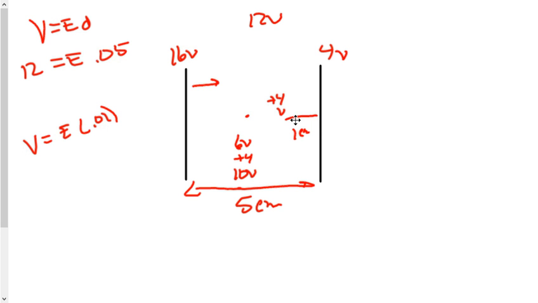So if I go halfway there, I know I've gained 6 volts of potential, but I didn't start at 0. So let's say moving 1 centimeter gives me 2 volts that I've gained here. But remember, I started at 4, so add that to that. So use this equation once I find the electric field to find whatever voltage I have, and then add 4 to it. And that's how you do that question.